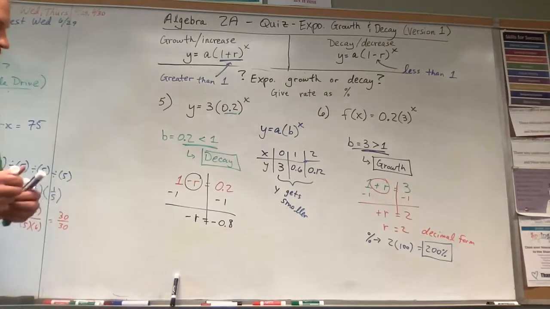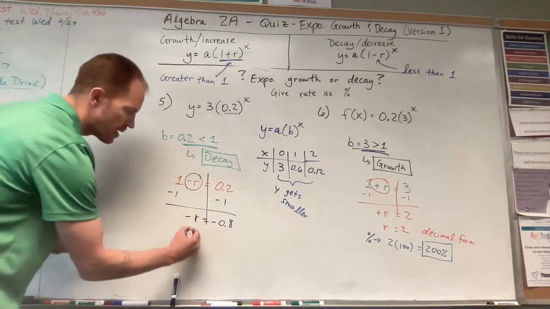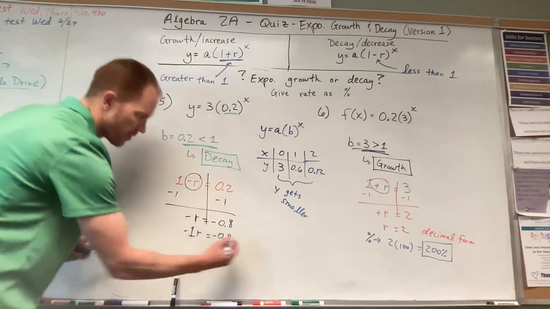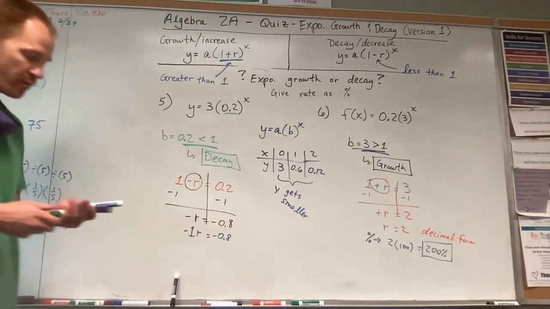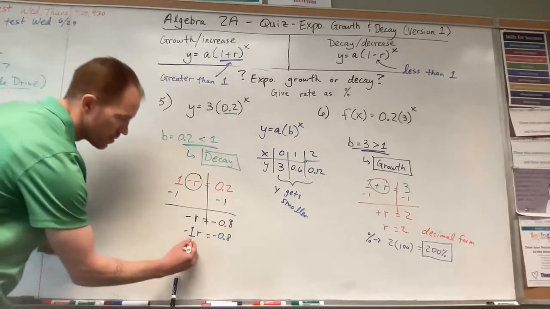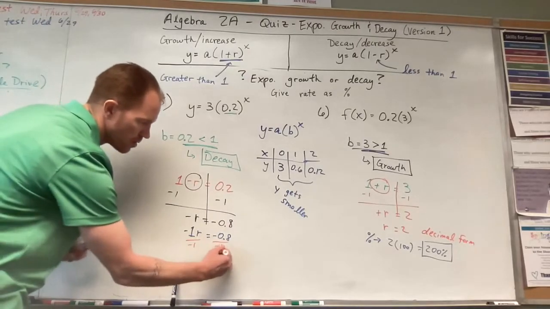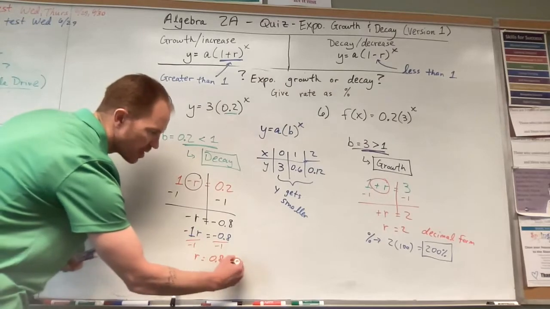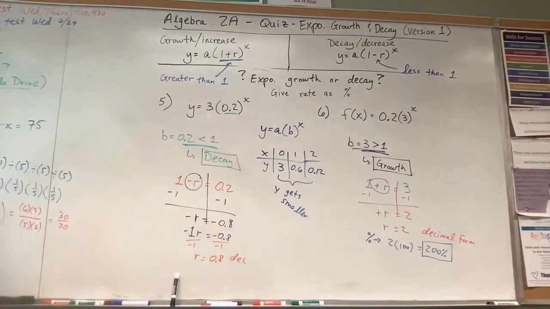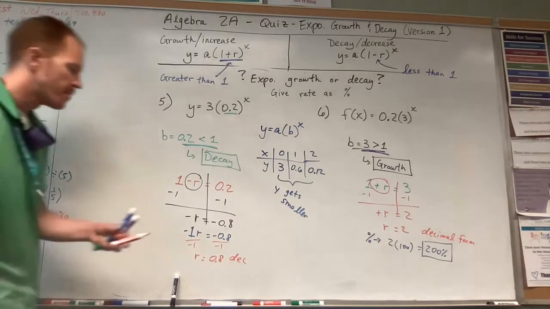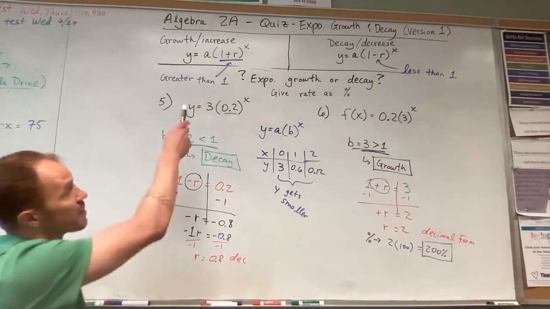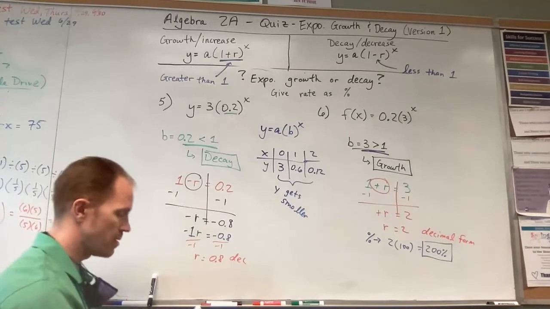And remember some of the tricks we can do. We can fill in a 1 here. We can say that's negative 1R equals negative 0.8. And then we can just divide by negative 1. And so we get R equals a positive 0.8, but that's the decimal. Let me grab a chair here. I'm getting low down on the board. This is the rate in decimal form, because that's what we use in our equations.